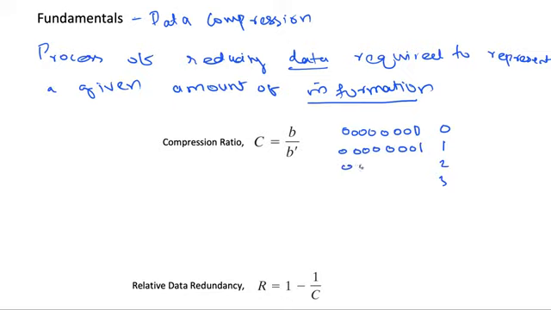Then I have 0, 0, 0, 0, 0, 0, 1, 0. Then the last one will be 1, 1. So this can be data and this can be information. The information is the same 0, 1, 2, 3, and I'm using this data to store this specific information.